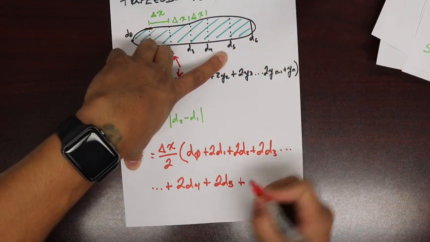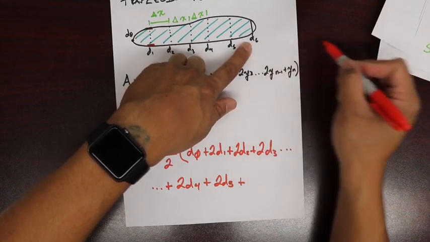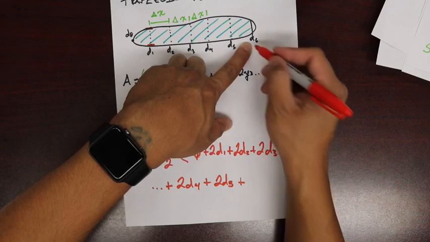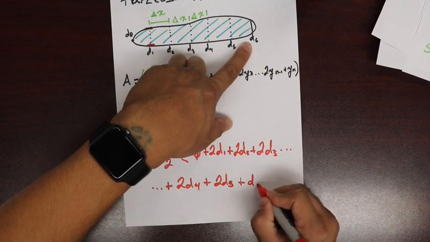Now this last d6 has no other measured length after it, so we just call that one d6.